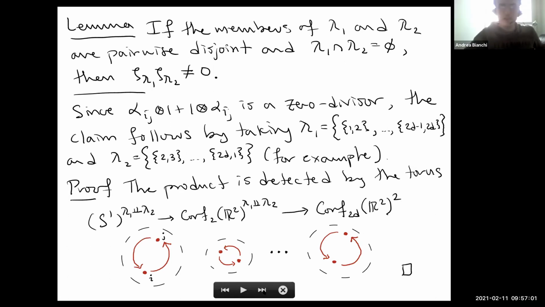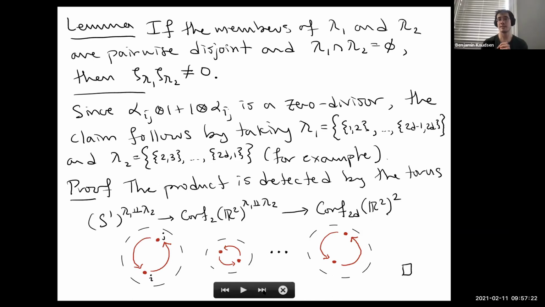I have a question. Yes. So in the statement of the lemma, you require that the members of lambda1 and lambda2 are pairwise disjoint, but then it doesn't seem to be the case in the example. Sorry, so I guess there's some ambiguity in the statement of the lemma.